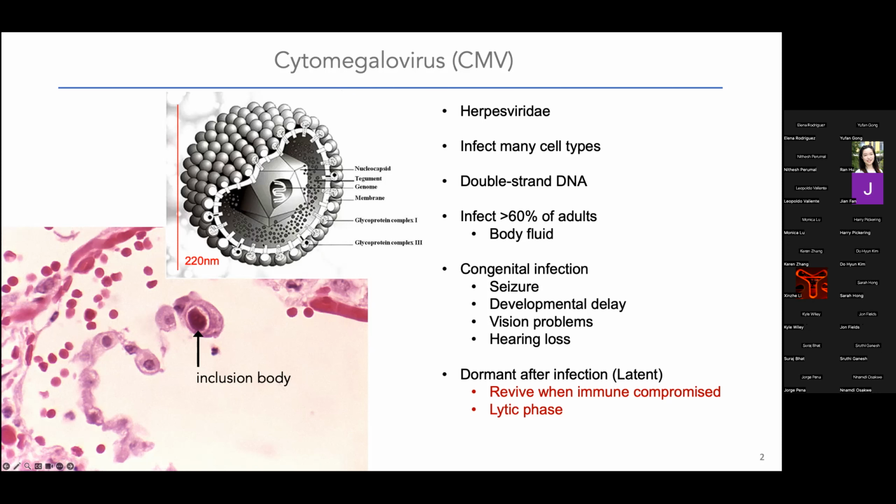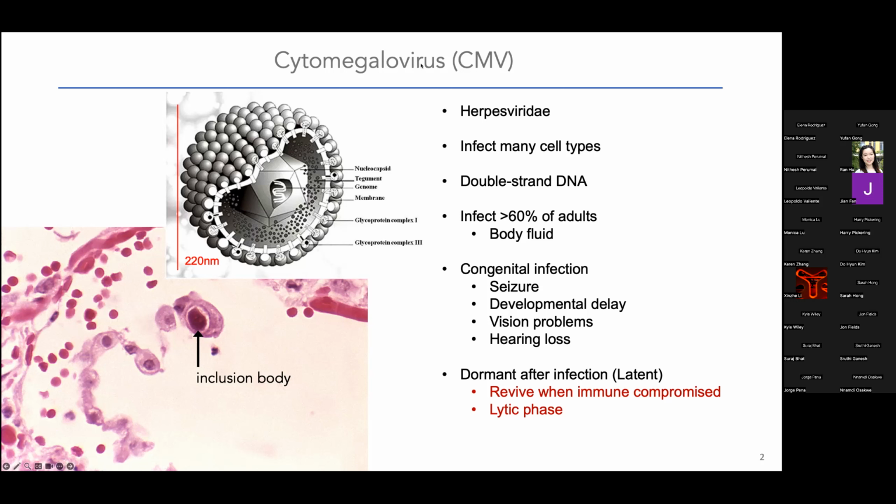In this graphic, you will see the cytomegalovirus enclosed in an envelope, with a diameter of around 220 nanometers, which is 4 to 10 times greater than the average regular virus.